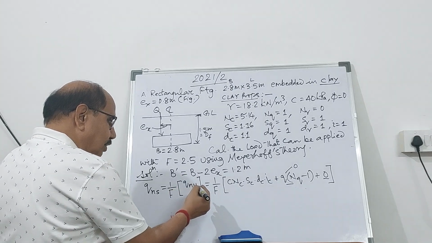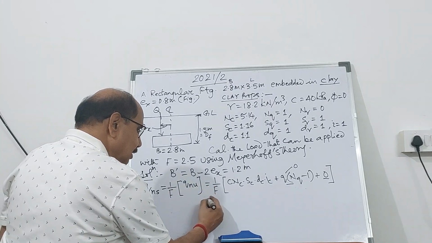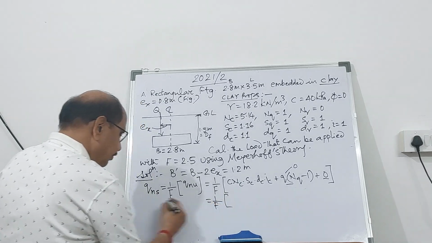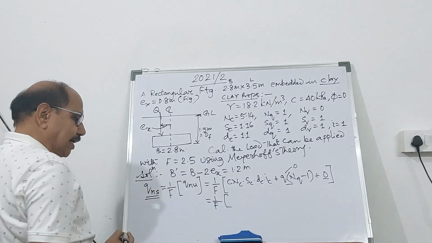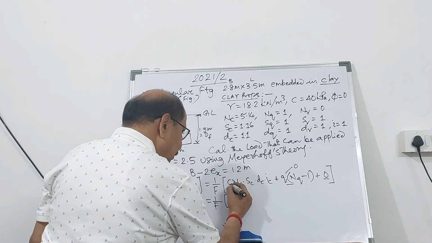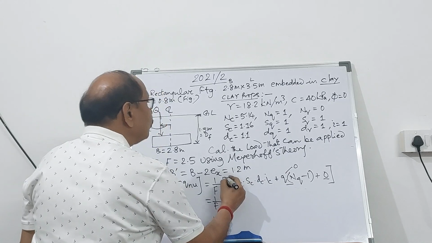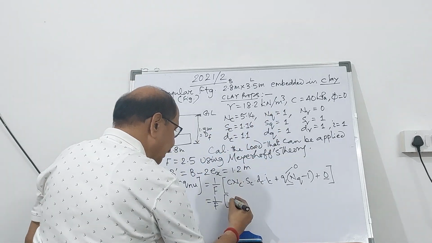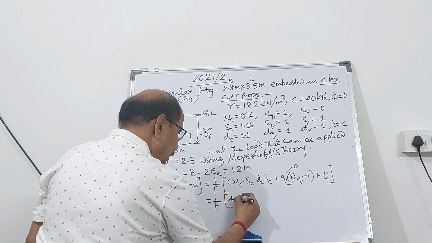So finally what you are landed with is 1 upon F, the net safe bearing capacity is simply c. The c value is given to me in this problem. It is 40. So 40.